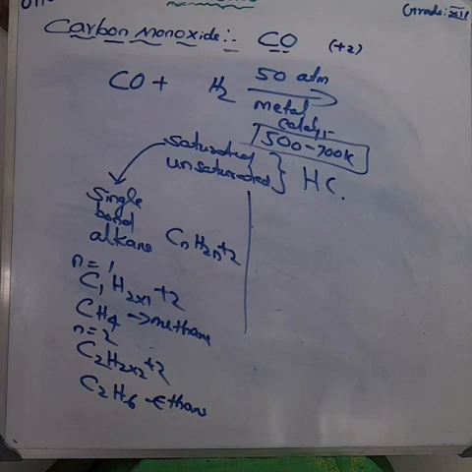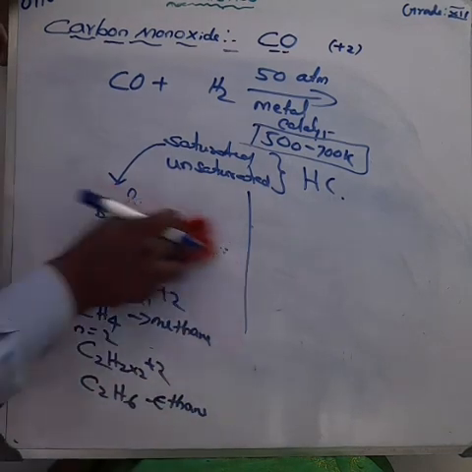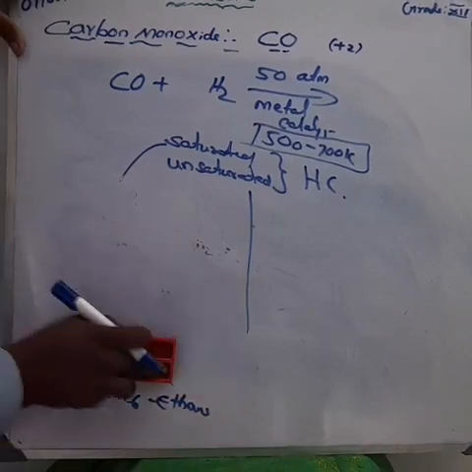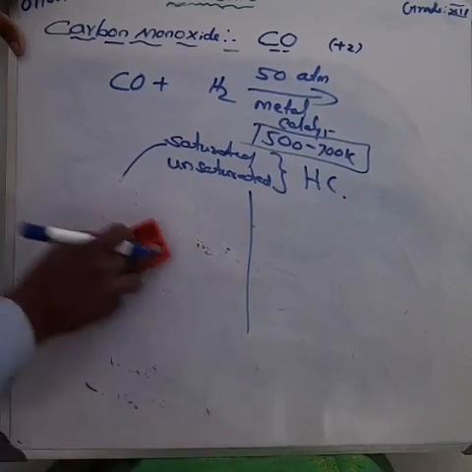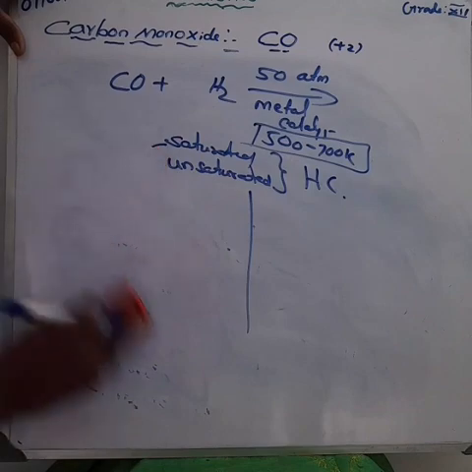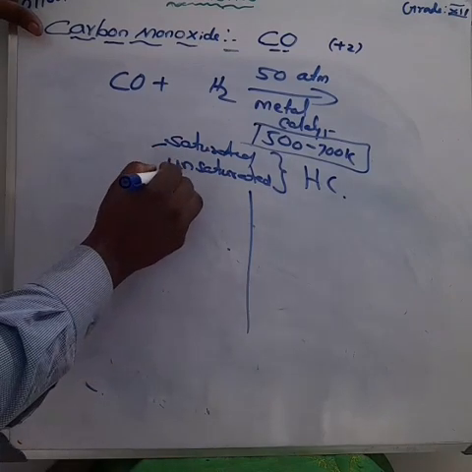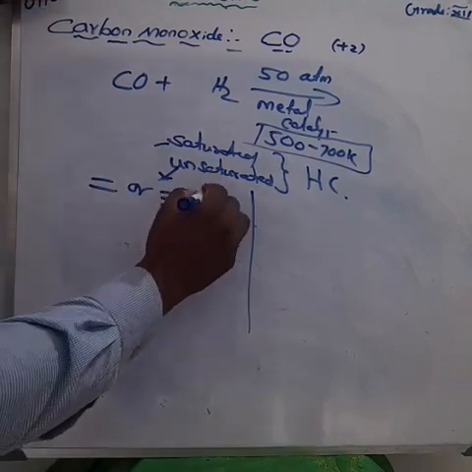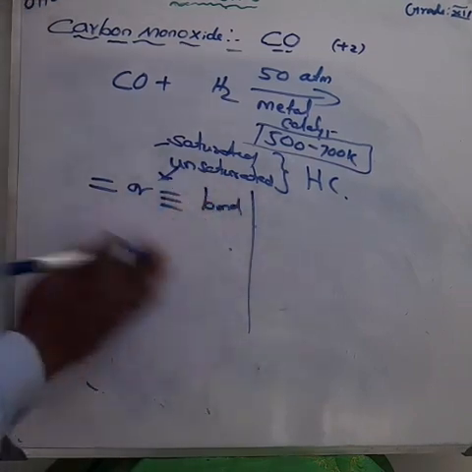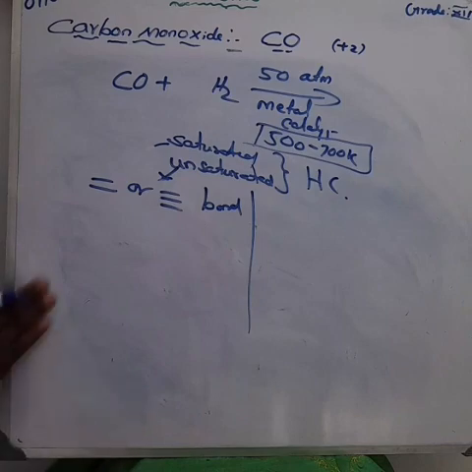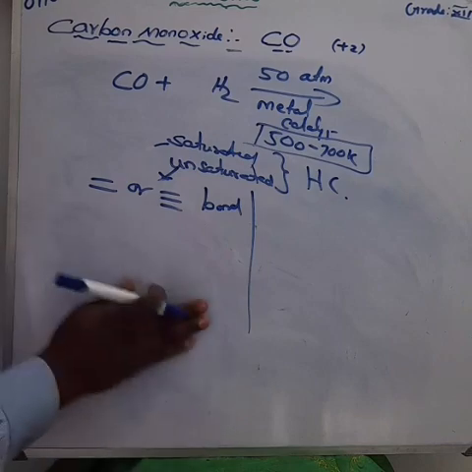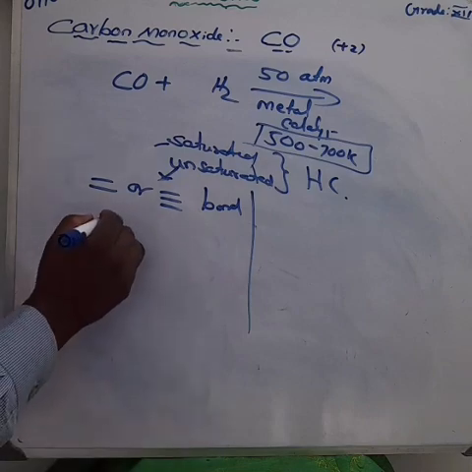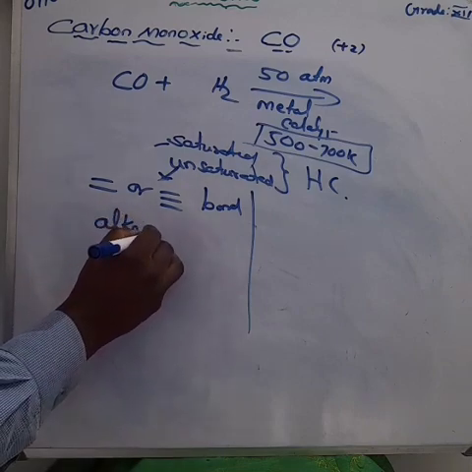These are saturated. What about unsaturated hydrocarbons? An unsaturated hydrocarbon must contain either a double bond or a triple bond. Can you give an example? We can take the double bond, that means alkene. Alkene, A-L-K-E-N-E.